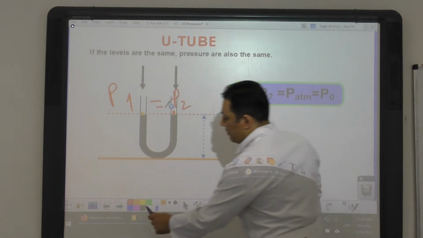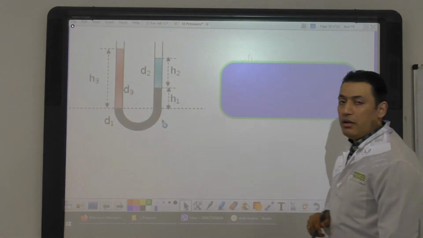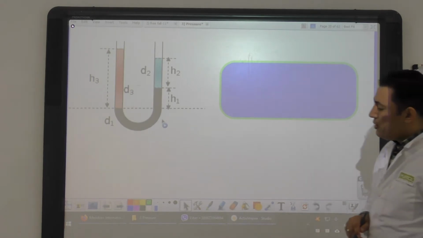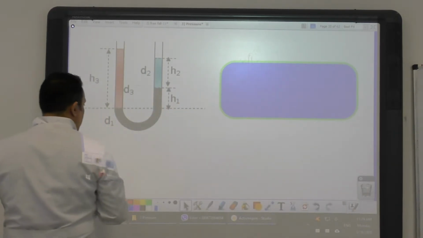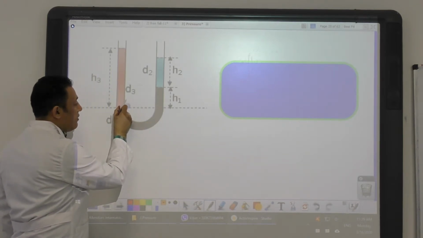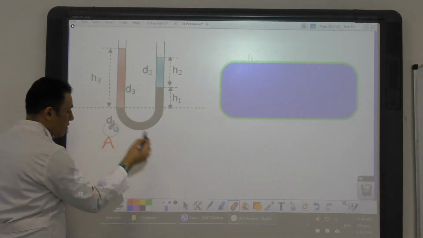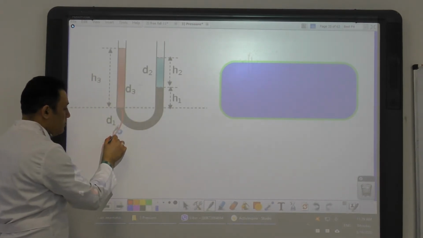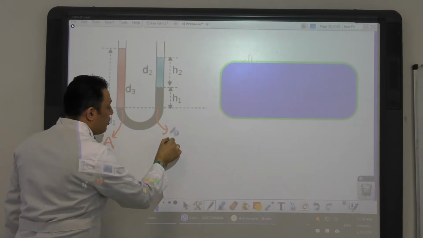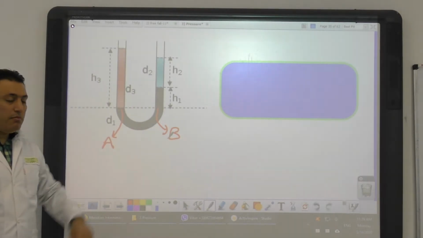What if we place different types of liquid into the U-tube? The basic principle is also going to work here. Let's mark this point A, and this is going to be point B. Since this is in the same liquid, there is going to be the same pressure.